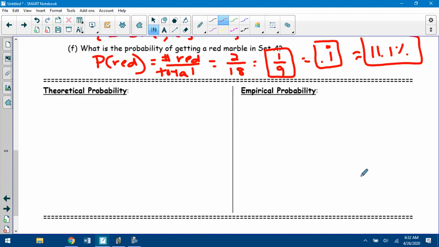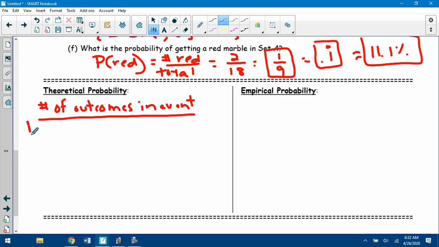Okay, last two words we need to talk about today are theoretical probability versus empirical probability. Theoretical probability is kind of what we've been doing. The number of outcomes in an event over total number of possible outcomes. What I just did in the last part here was a theoretical probability.